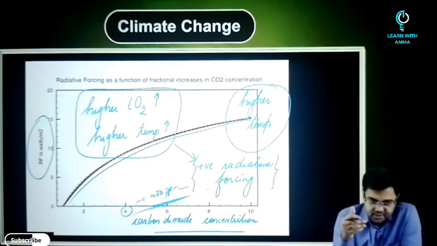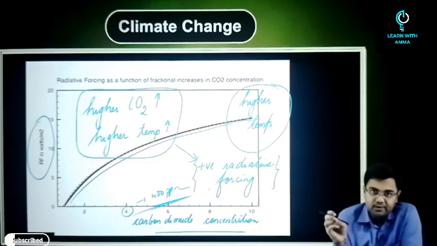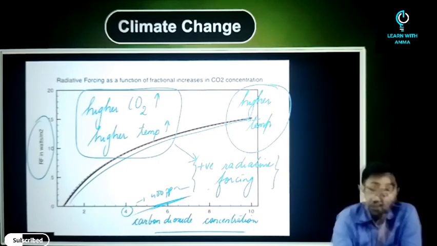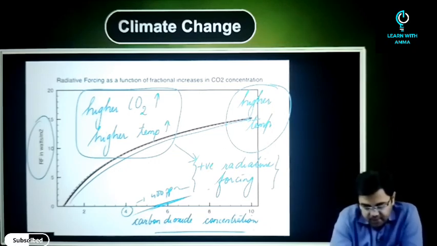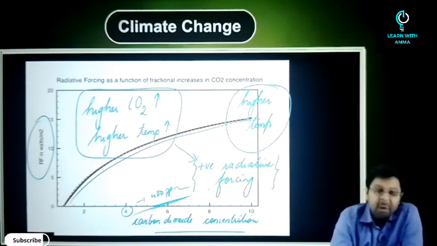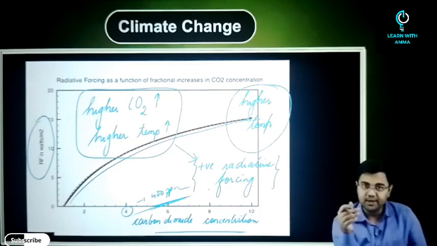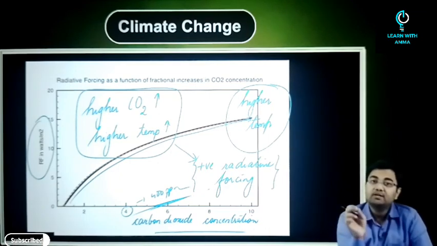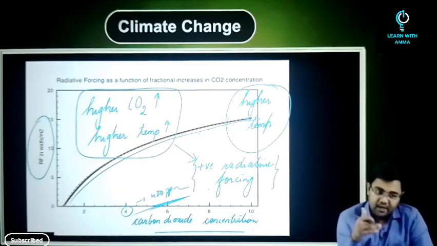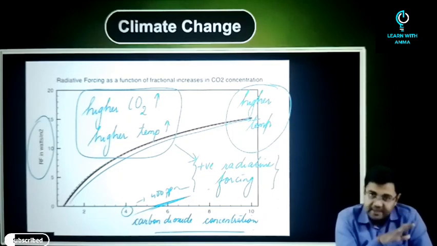Until a point, whatever increase in carbon dioxide levels or greenhouse gases is happening can be reversed. But if you keep on increasing the concentration of carbon dioxide in such a manner, there will come a time when it will become irreversible. After that point, you can take any measure you want.